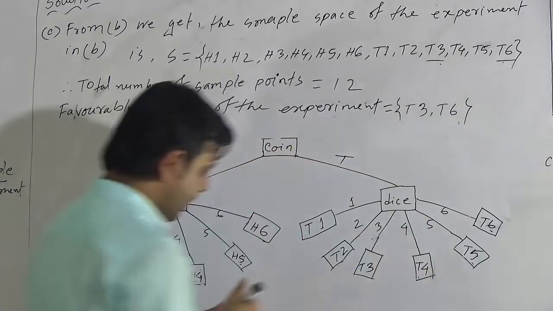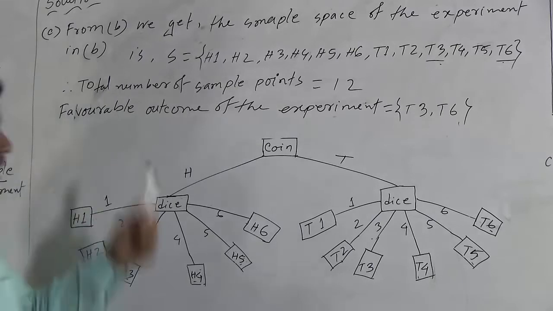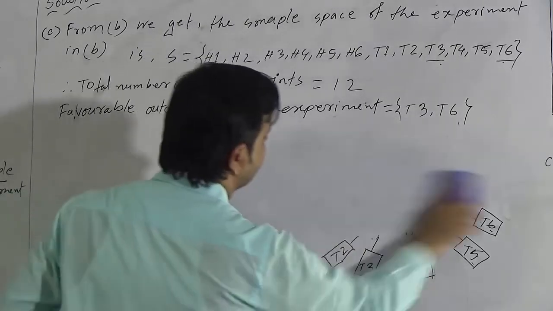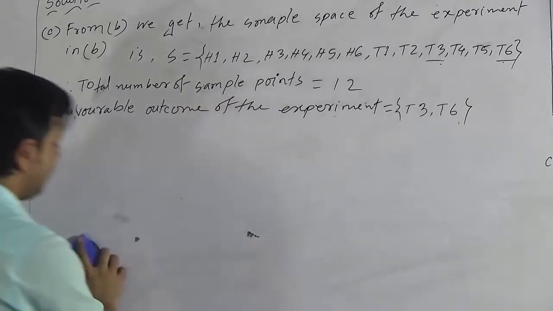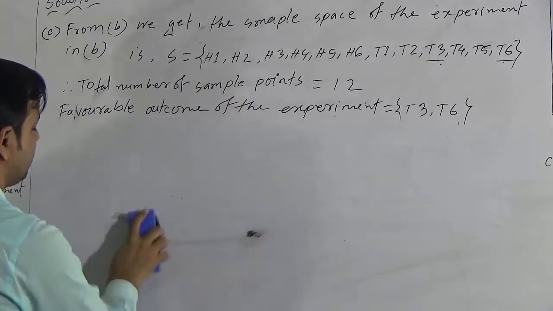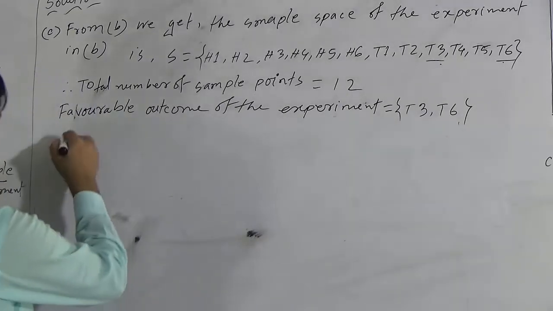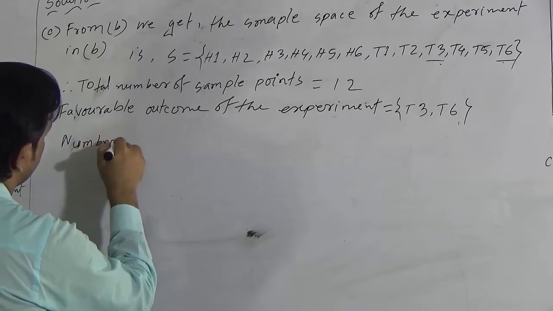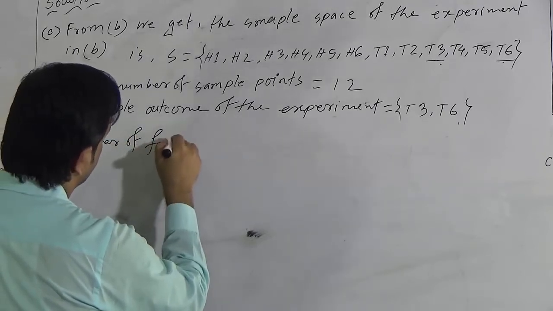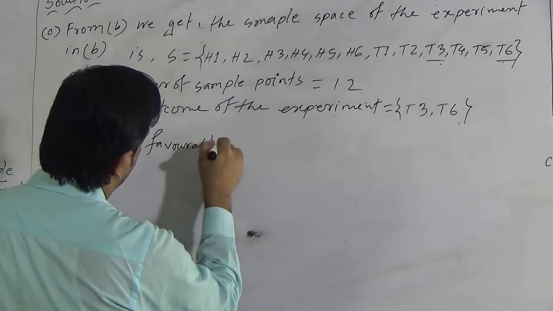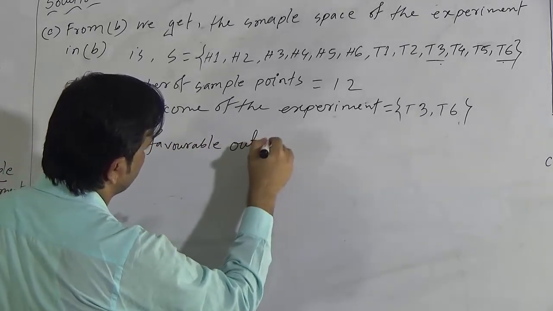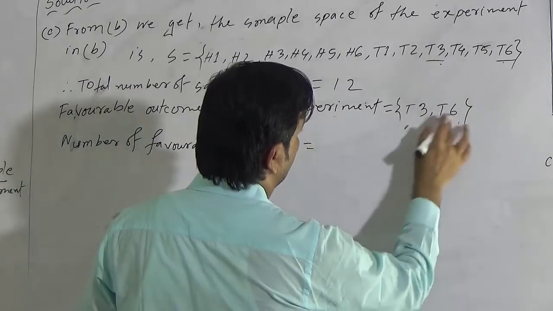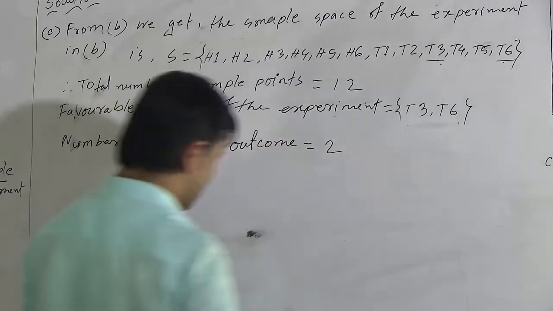Now, we can erase the probability tree. Total number of favorable outcomes is equal to 1, 2. So, only 2 favorable outcomes here, we can write 2.